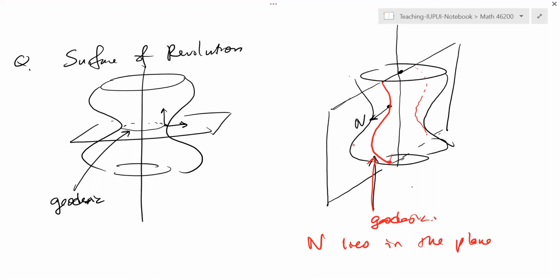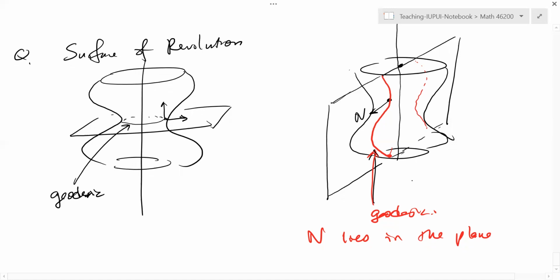So on the surface of revolution, you will see that the curve you're going to use to generate the surface is a geodesic. And the shortest closed circle on the surface is also going to be a geodesic.